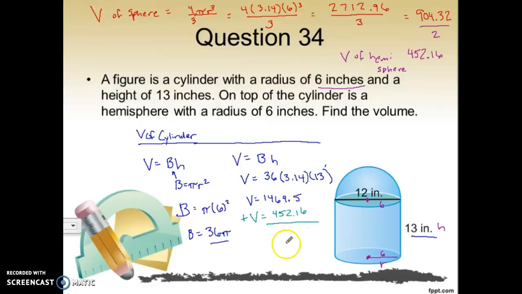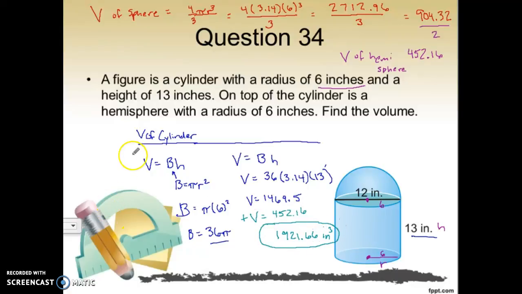And when I put that in my calculator, I got 1,921.66. Now remember, when we're talking about volume, we're talking about cubic units. So this is going to be cubic inches or inches cubed.